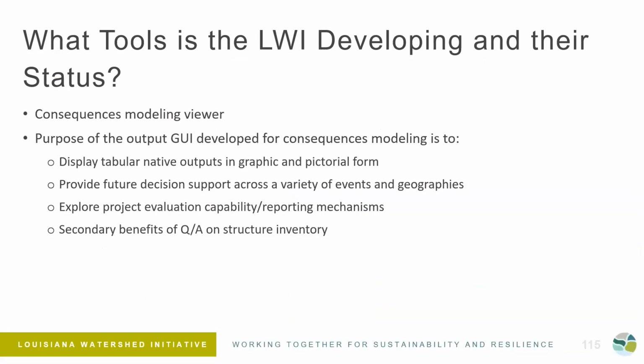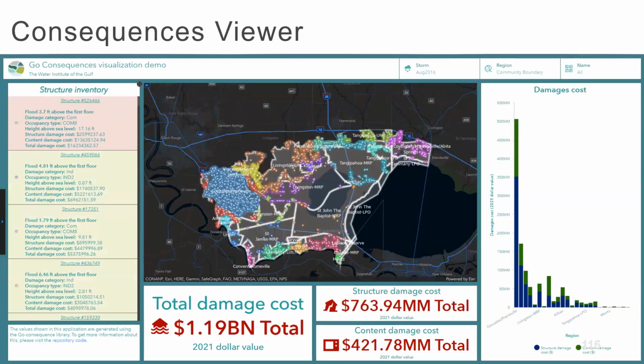And then the other piece that's under development is a viewer. We've run these models for flood depth, we've run these calculations about damages. Decision makers and planners, though, need some way to digest all of this.